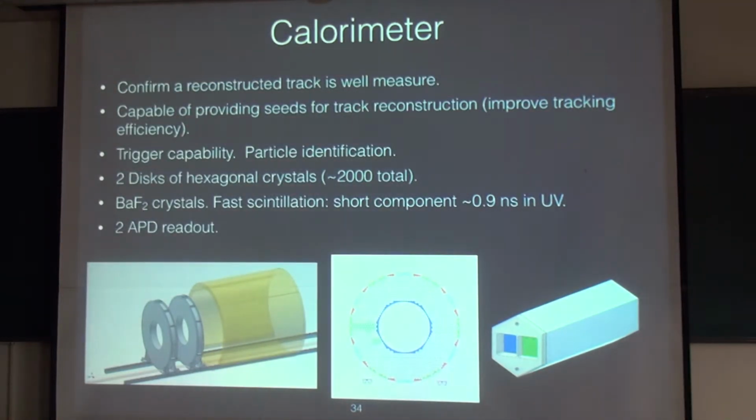And also the role of the calorimeter is to confirm that the reconstructed track is well measured, and it is also able to provide a seed for track reconstruction. So we can have a cluster from the calorimeter and then use that to trace back to the tracker, so that we may be able to improve the track efficiency.